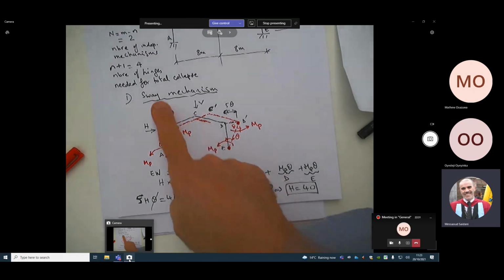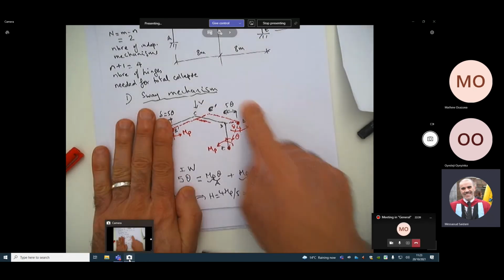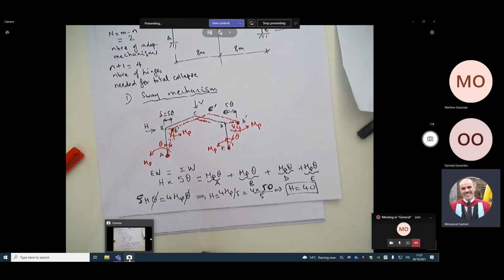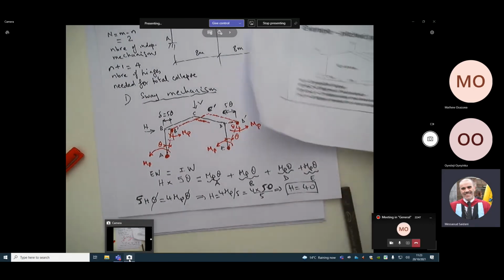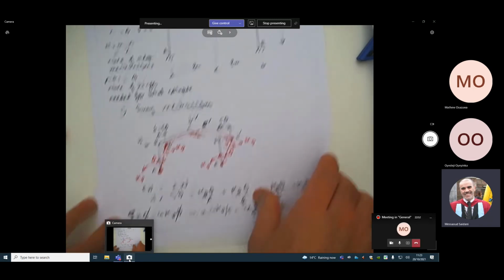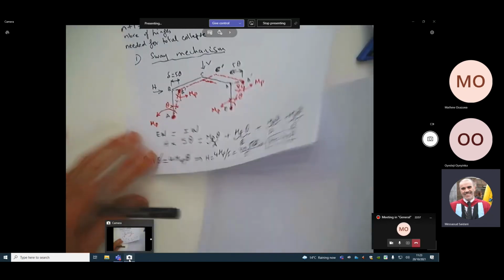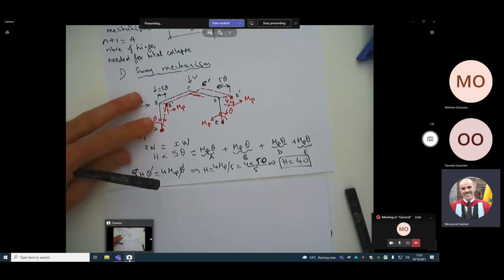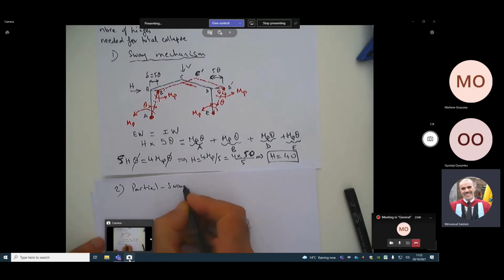Next is the partial sway mechanism, where this column here remains vertical, and then we have a partial sway of the frame. So number 2, partial sway mechanism.